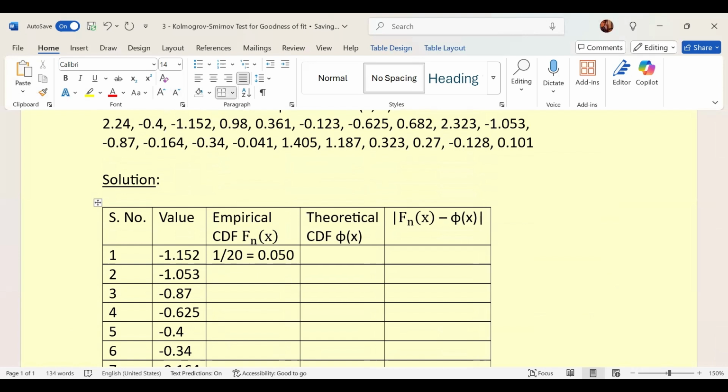Similarly, 2 divided by 20 is 0.100. Next, 3 divided by 20 is 0.150.